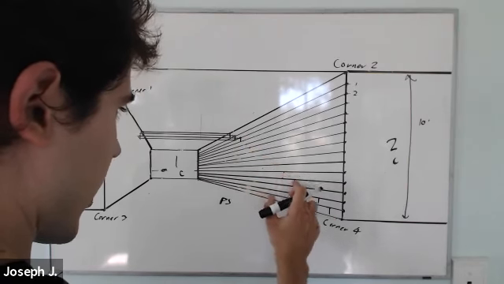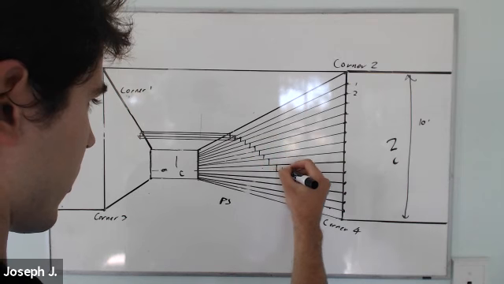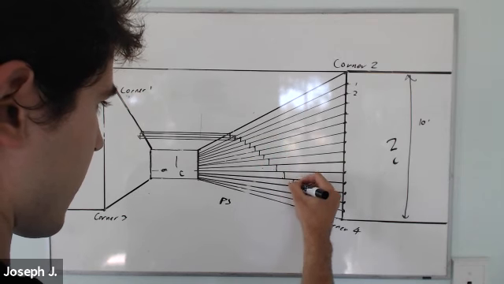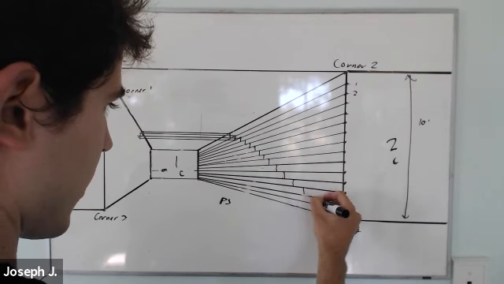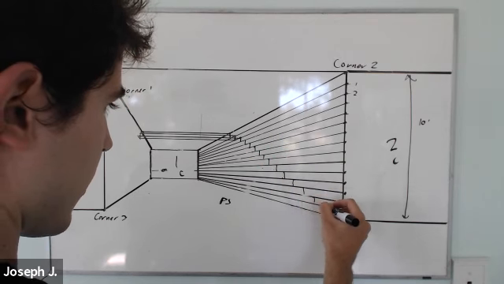So I'm going to draw that. Be very careful not to over or under foreshorten. And there we go. It looks a little bit curved actually, so I'm going to pull that back a bit.